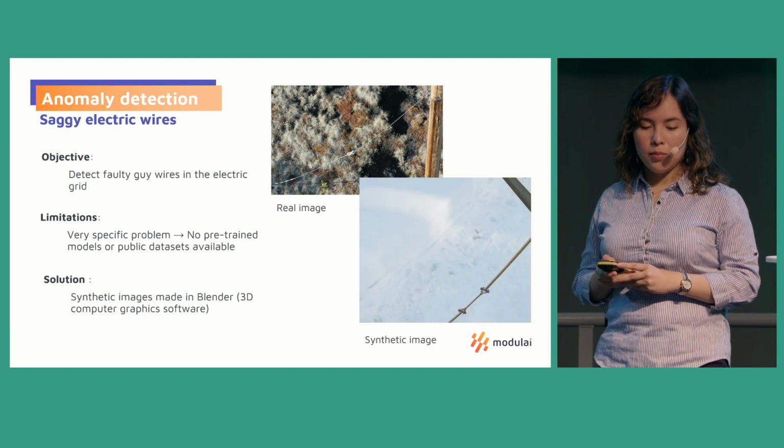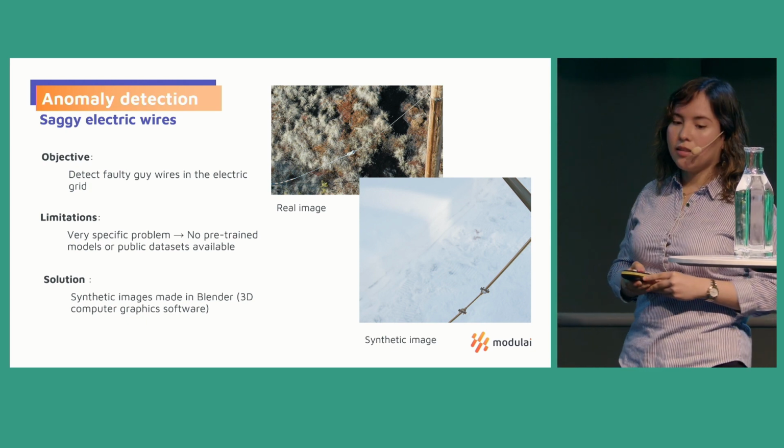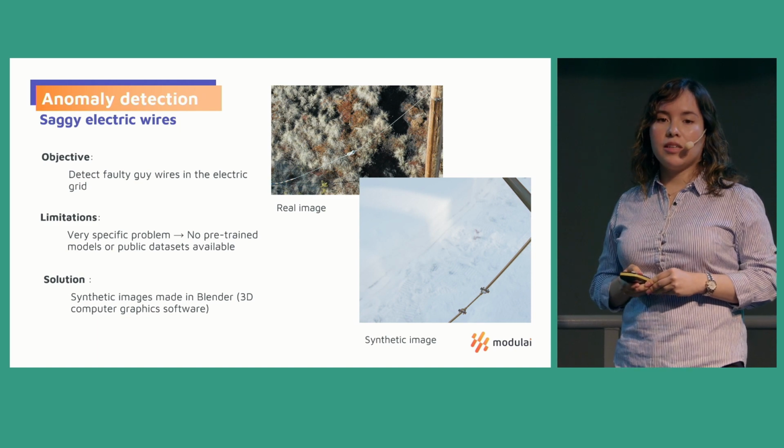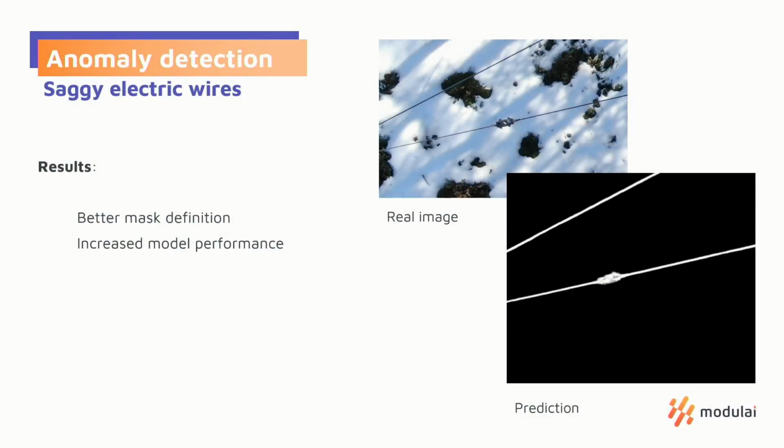This is another example. Because we created the synthetic data, we could simulate guide wires in very different environments. Environments that maybe we didn't have enough images for, like when there's snow in the background. These are some results that we got.